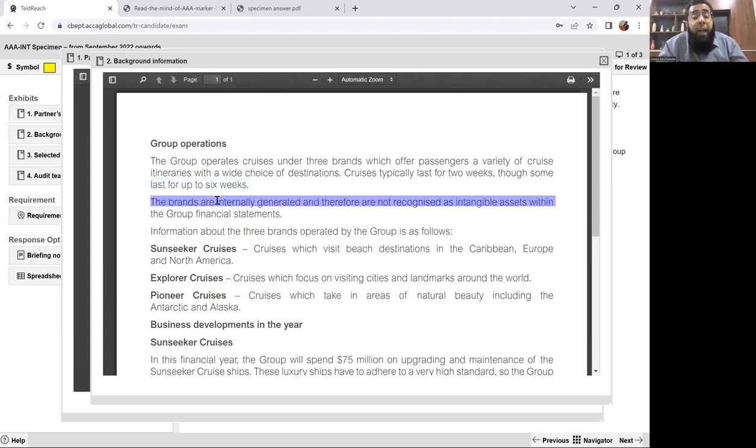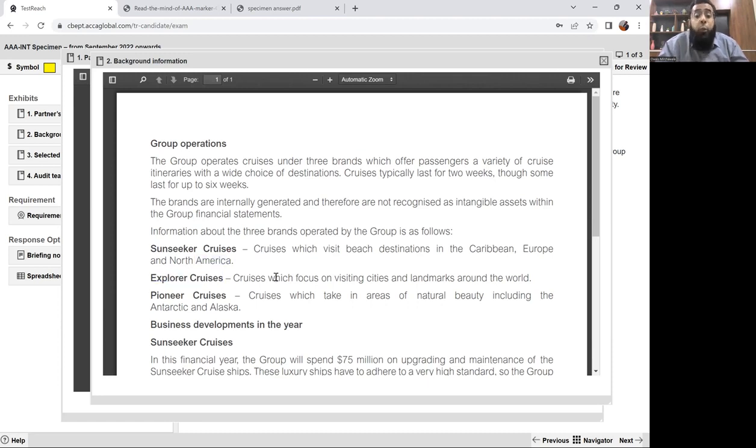Now, the brands are internally generated and therefore are not recognized as intangible assets within the group financial statements. Information about the 3 brands operated by the group is as follows. Sunseeker Cruises: cruises which visit the beach destinations in the Caribbean, Europe, and North America.